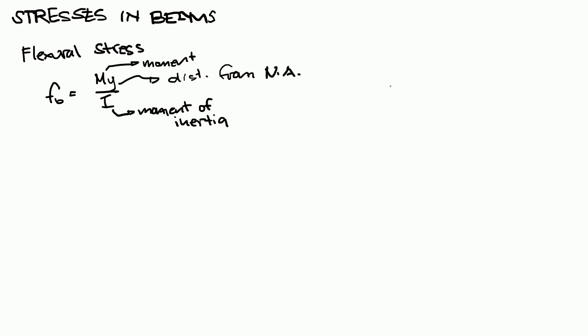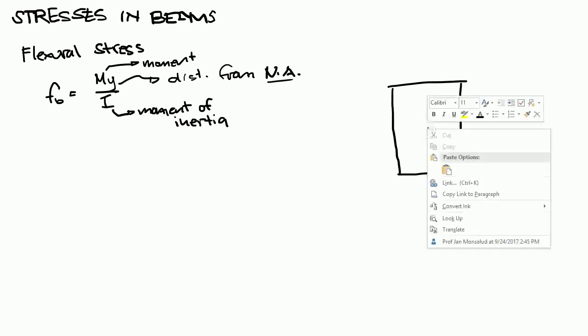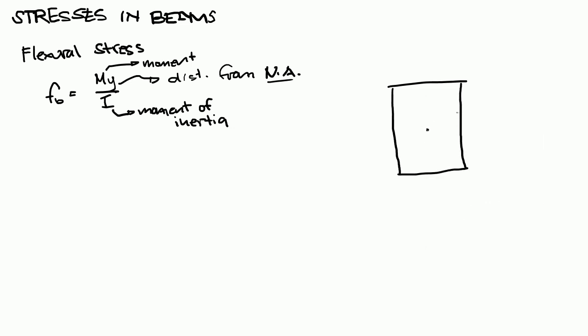Now, if I have a rectangular beam, the neutral axis is the axis passing through the centroid of the rectangular beam. So, kung ito yung centroid, since sa rectangle yan, nasa gitna yung centroid, this axis shall be called as the neutral axis.